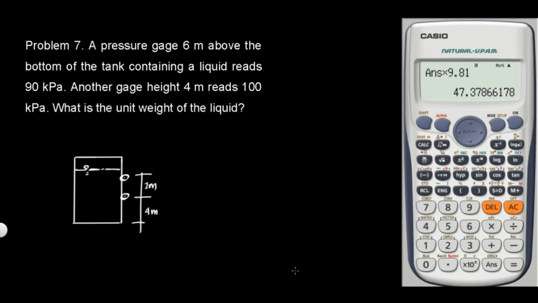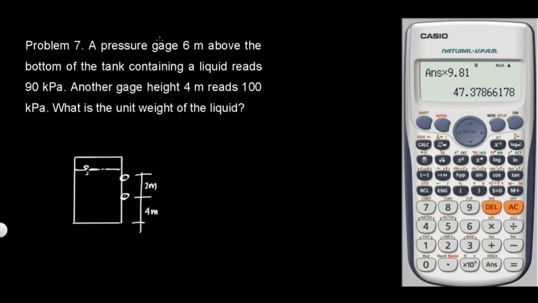Problem 7. A pressure gauge 6 meters above the bottom of a tank containing a liquid reads 90 kPa. Another gauge 4 meters above the bottom reads 100 kPa. What is the unit weight of the liquid?